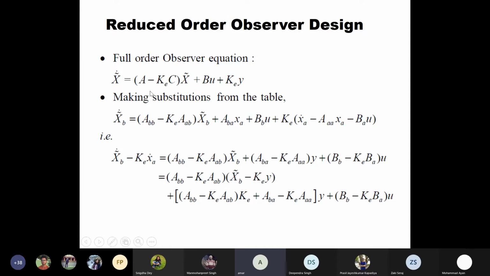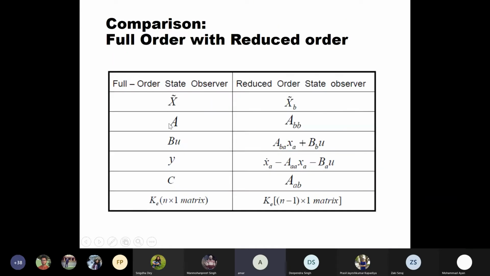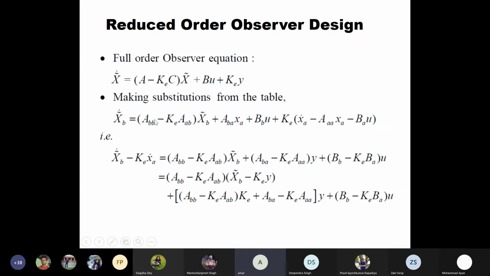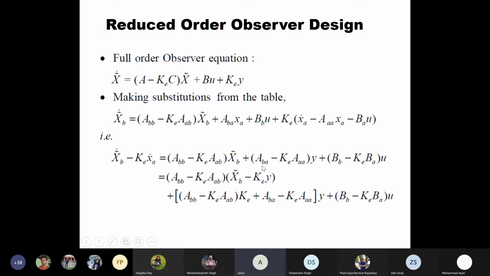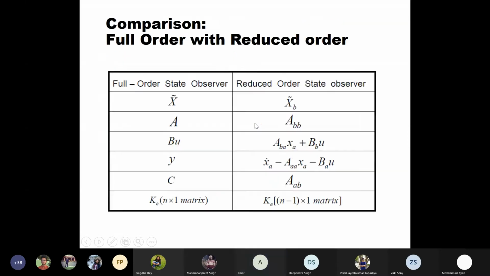Okay. So what we'll do is basically we substitute. Here you can see A will be substituted by A_bb. K will remain the same. C will be substituted by A_ab. Then B u will be substituted by A_ba x_a plus B_b u.